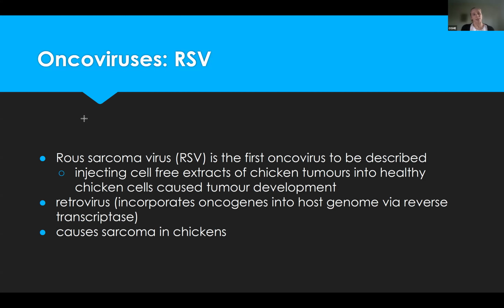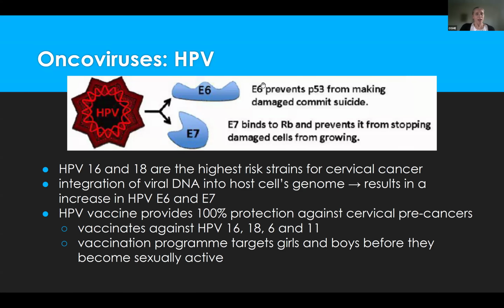It was later investigated more, and it was discovered that this virus is actually a retrovirus which can incorporate oncogenes into the host genome using reverse transcriptase. That one is not of that much interest in humans at the moment, and one that is of much more interest is the HPV, as I have mentioned.